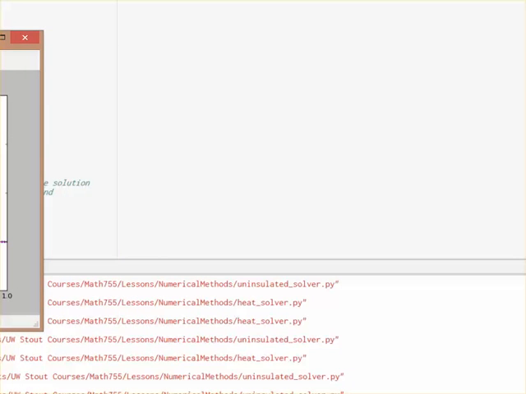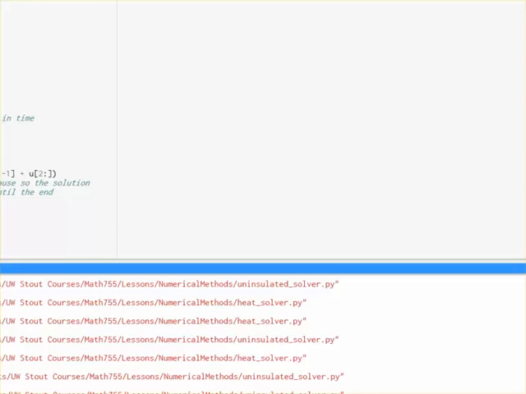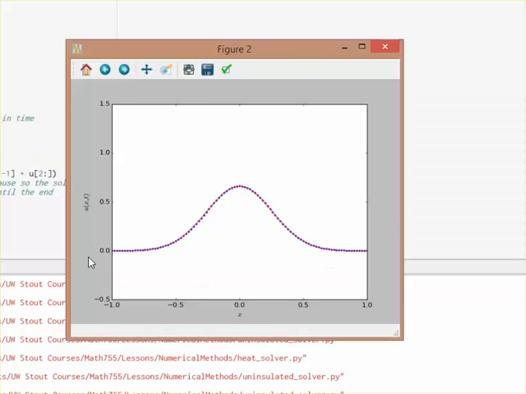Let's do the same experiment again, but this time let's add the loss. So you can see it's diffusing, and it looks like it's moving a little bit faster. Here I had 0 boundary conditions, but I had some heat in the center, and you can see that it looks like it's a little bit closer to 0.5.